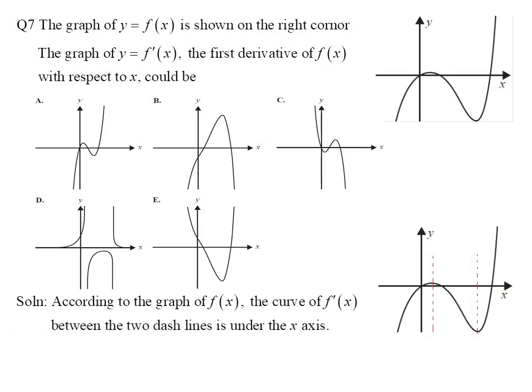Based on the 5 given derivative curves, the only one where the part of the curve between the two vertical dashed lines is under the x-axis is E. So the answer for question 7 is E.